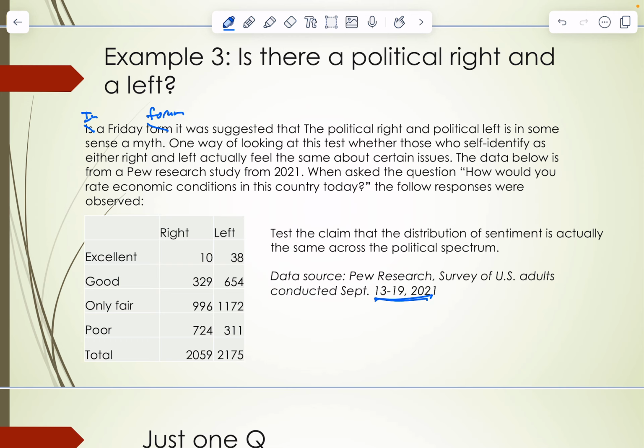One way of looking at this is to test whether those who self-identify as either right or left actually feel the same about certain issues. If on average they feel the same about certain issues, then there really isn't much of a difference between them, and that supports the idea that there isn't a right and a left.